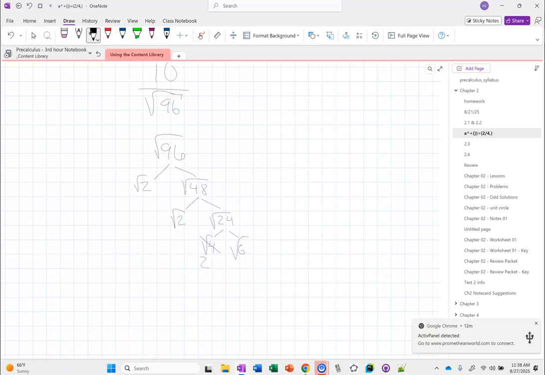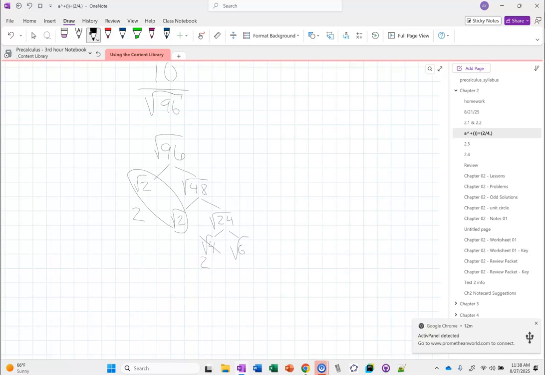Square root 4 is just a regular 2. Square root 2 times square root 2 is a regular 2. Square root 6, I can't do anything better with that, because that's root 2 times root 3. Everybody's good?